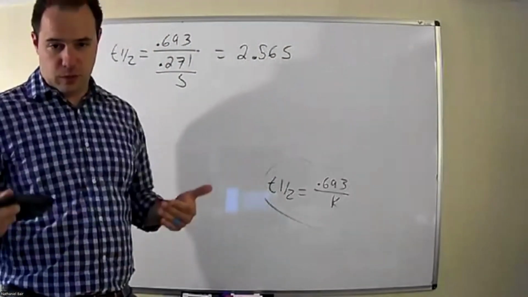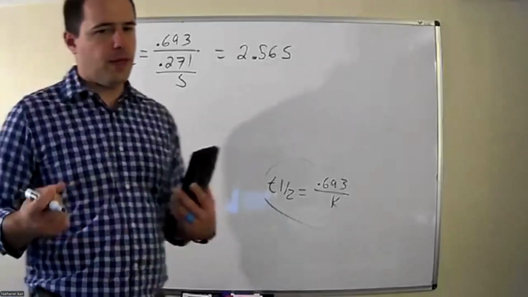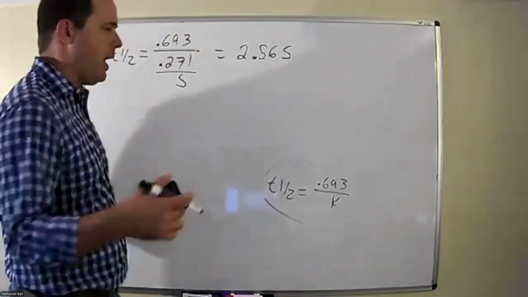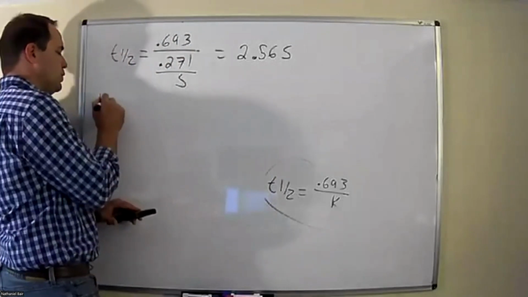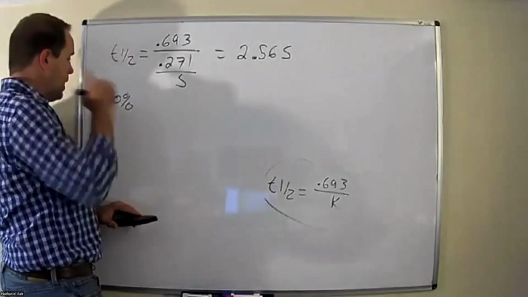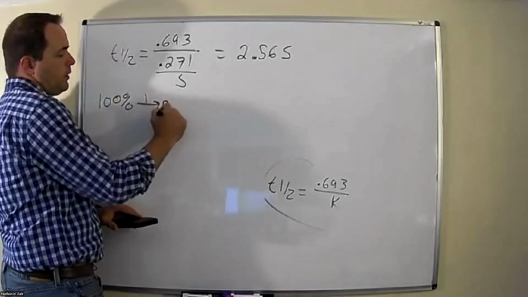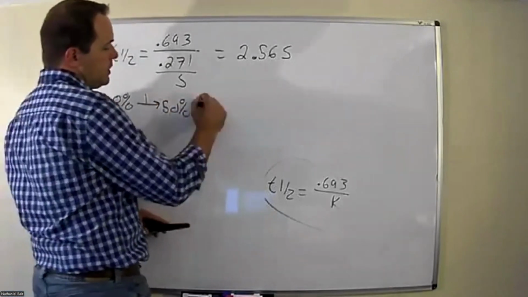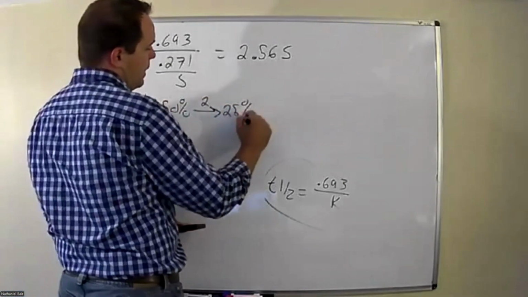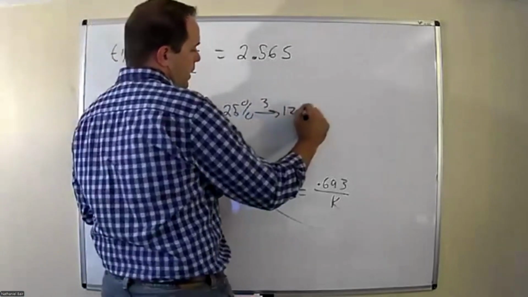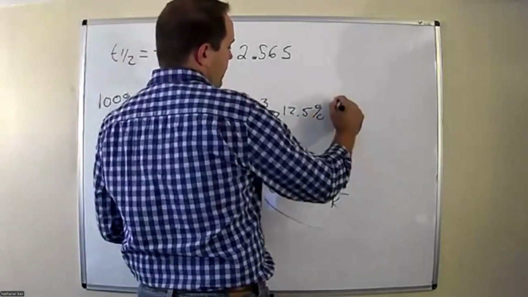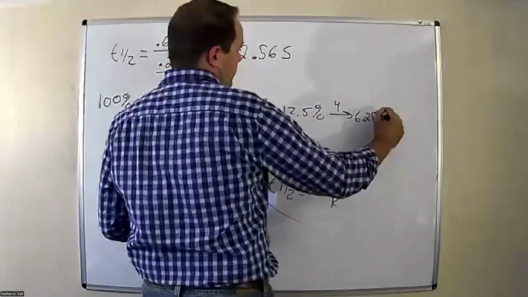Okay, general rule of thumb, it takes about 8 half-lives. And here's why. You start with 100% of the stuff, right? After the first half-life, you're down to 50%. After the second half-life, 25%. Third half-life, 12.5%. Fourth half-life, you're down to 6.25%.